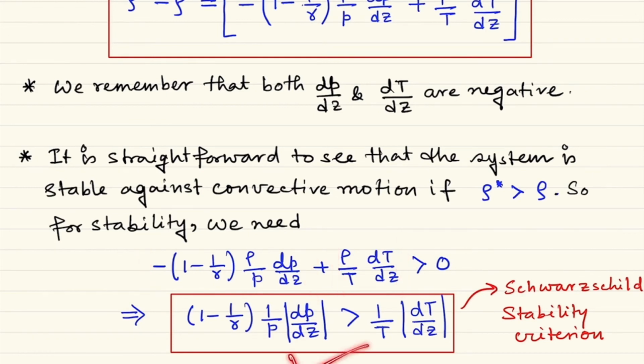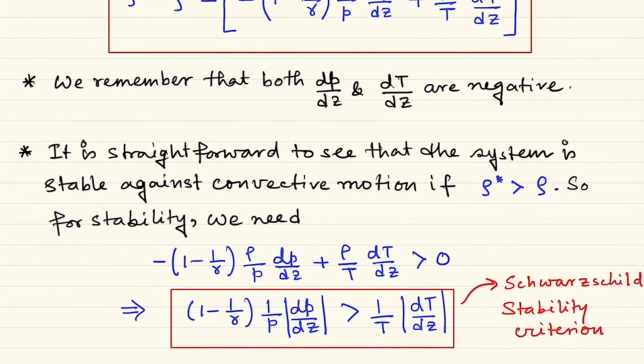That's exactly what we have written here: (1 minus 1/gamma) times 1/p |dp/dz| should be greater than 1/T |dT/dz|. That is the condition of stability against convective motion for a system which was an ideal gas, but at hydrostatic equilibrium initially. This condition is known as the famous Schwarzschild stability criterion.